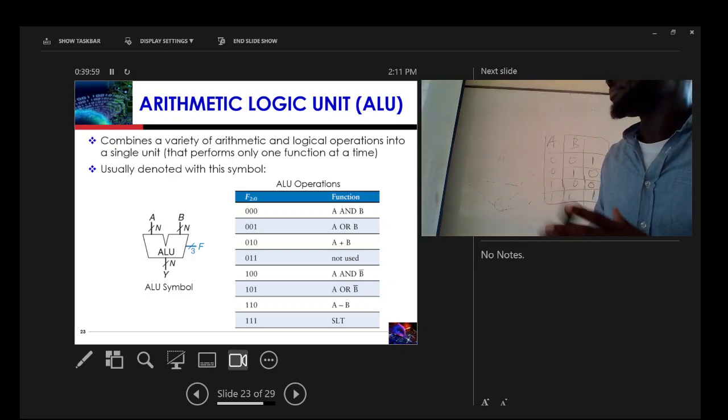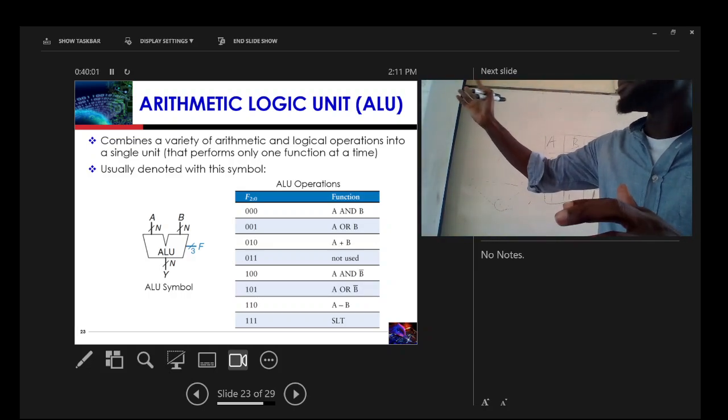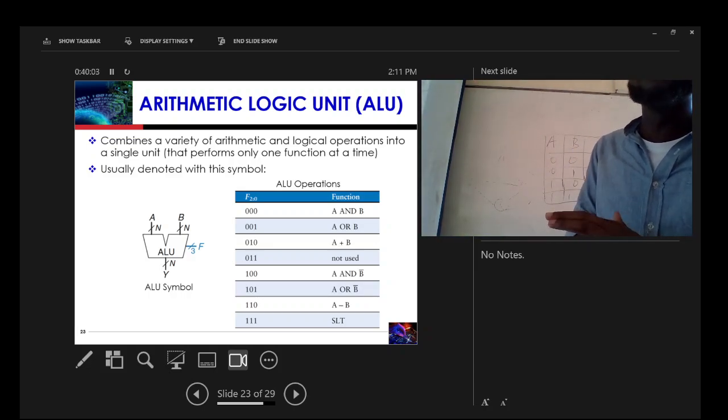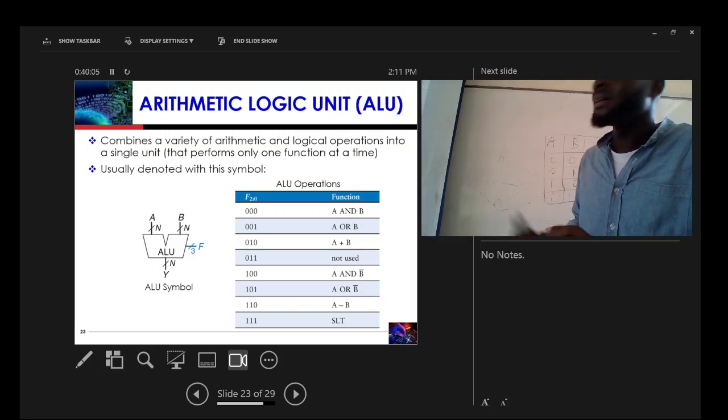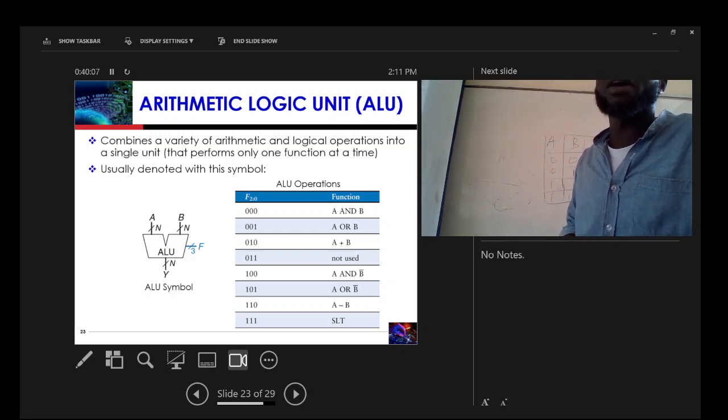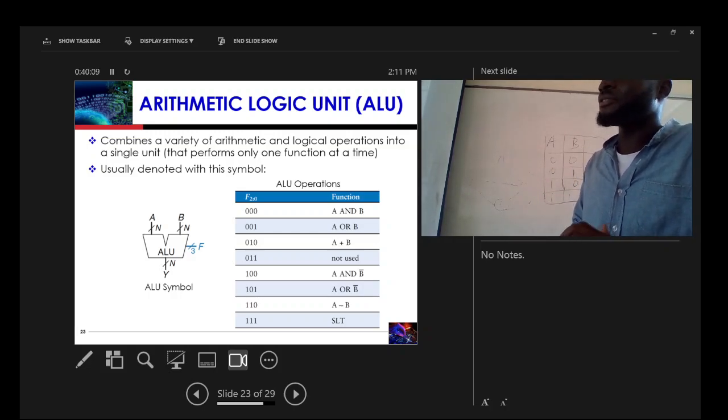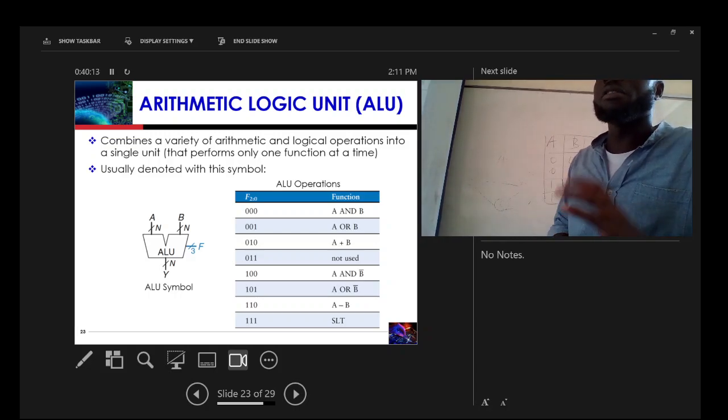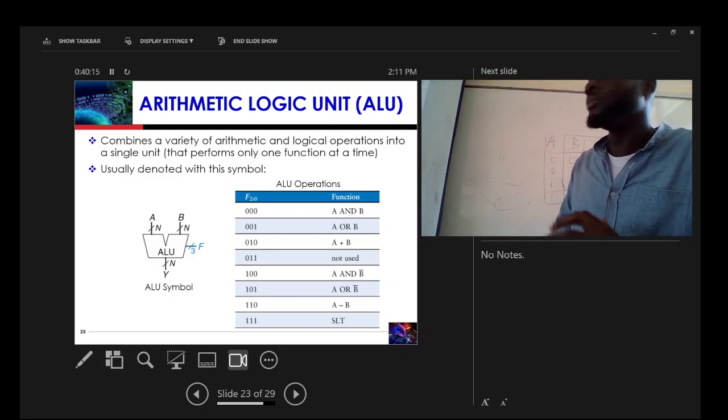You have your ALU. The ALU has two inputs, A and B, and one output Y, and then you have the function of the ALU, F. Based on the function, one of the operations will be done.